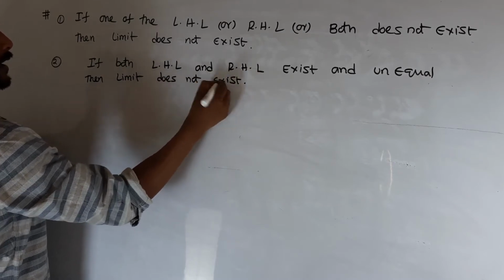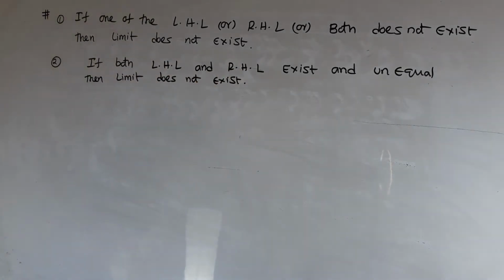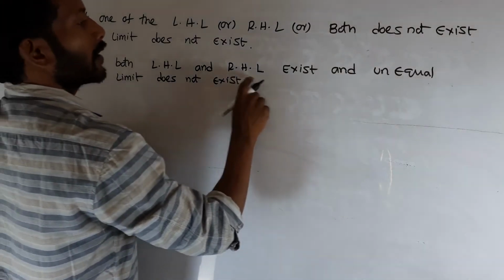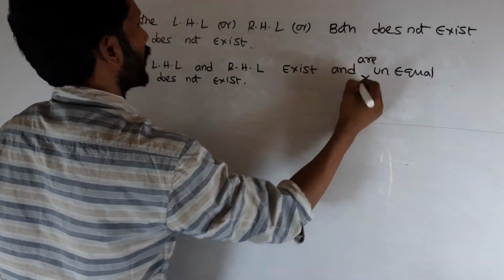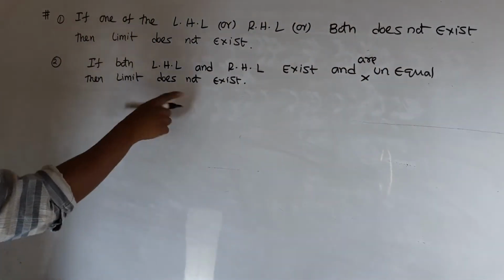I hope this is clear. If one of the left hand limit, right hand limit or both does not exist, then the limit does not exist. If both exist and are unequal, then also the limit does not exist.